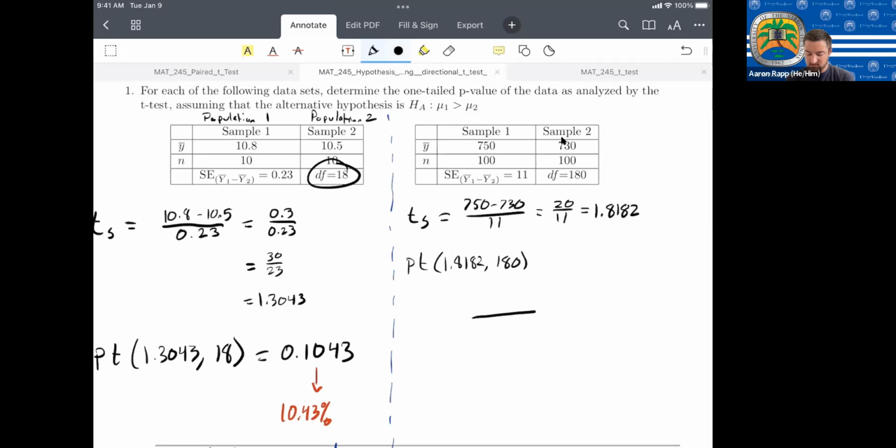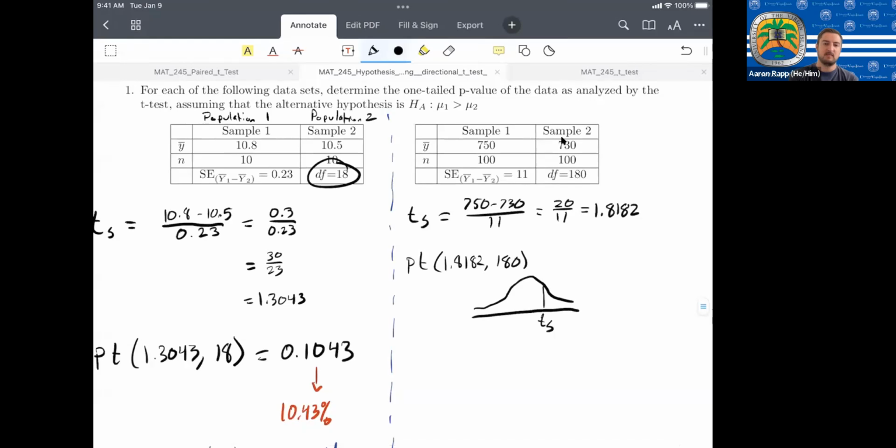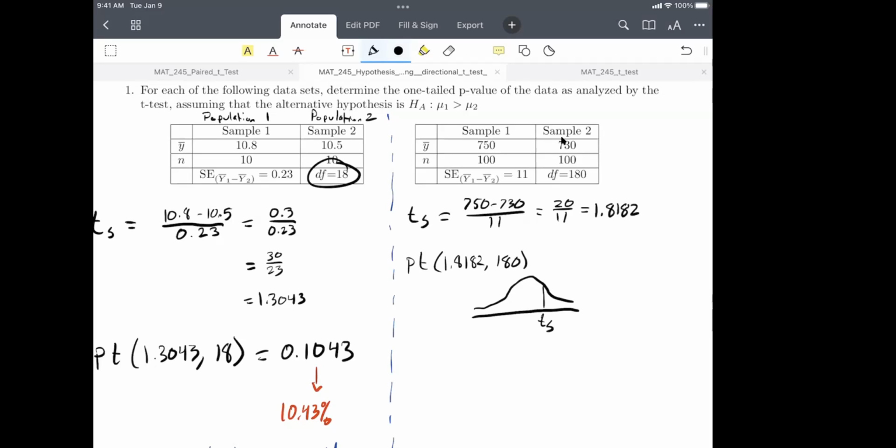And I have to remember, so I don't just draw this in R, my alternative hypothesis is that mu1 is greater than mu2. So my p-value is going to come from the area to the right of that test statistic or the area to the left of that test statistic. Right. To the right.